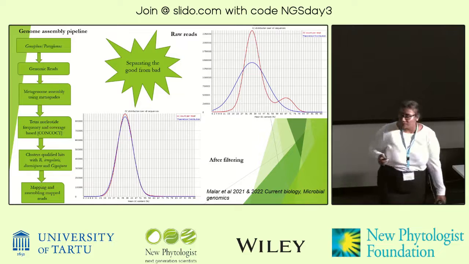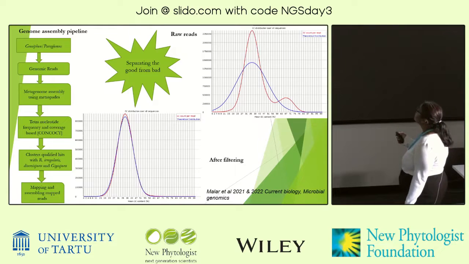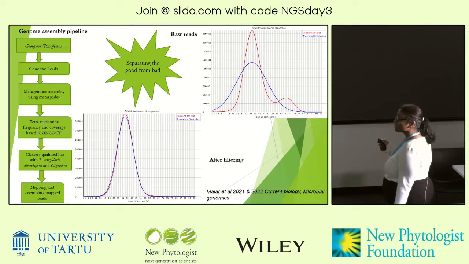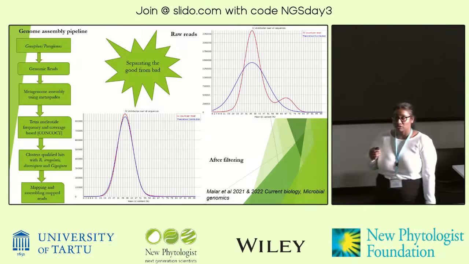Then I used a specific method, and I used this approach for both the Geosiphon and the Paraglomus genomes. From the genomic reads, I tried to assemble the metagenomic contigs. From those metagenomic contigs, I clustered them on the basis of tetranucleotide frequency and also coverage.